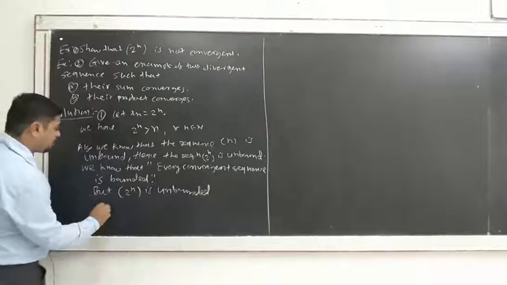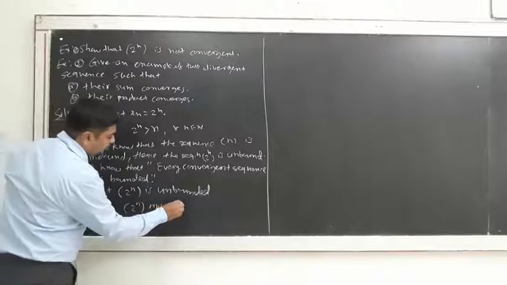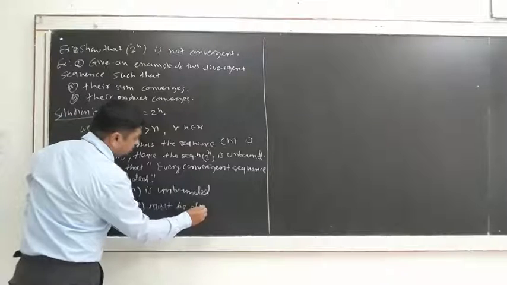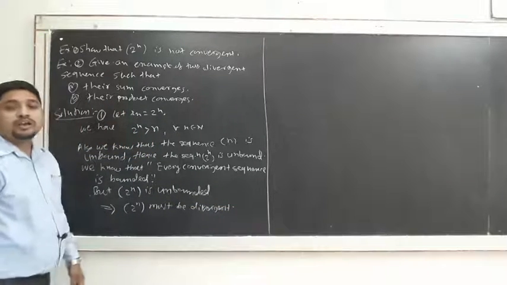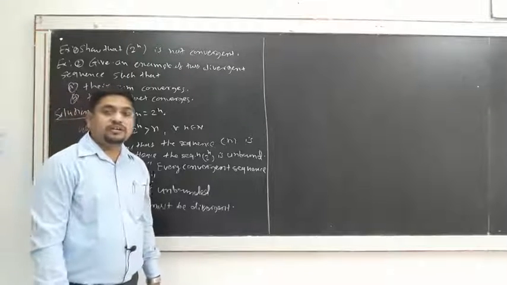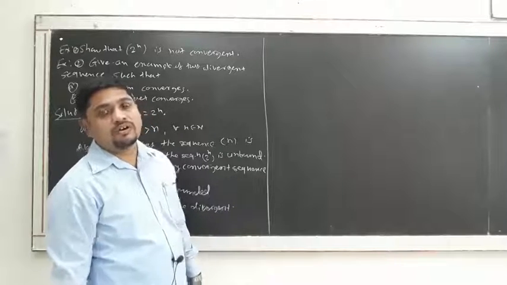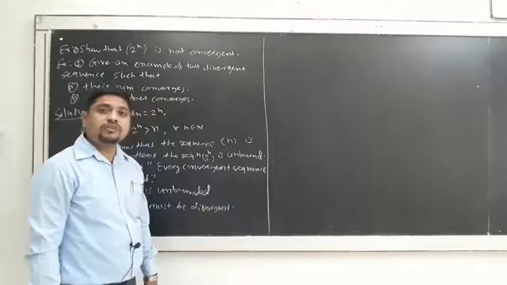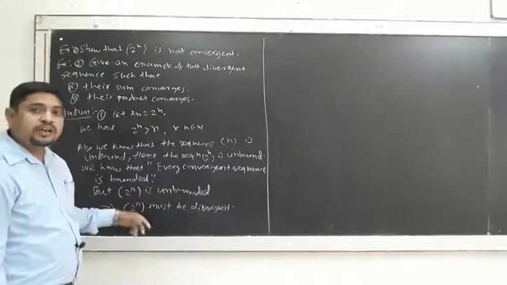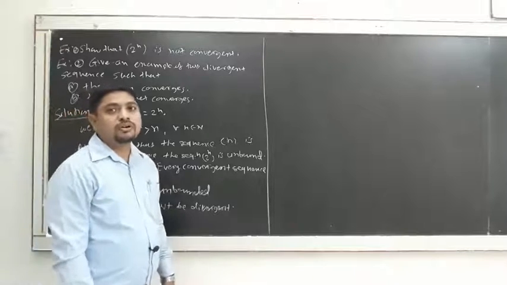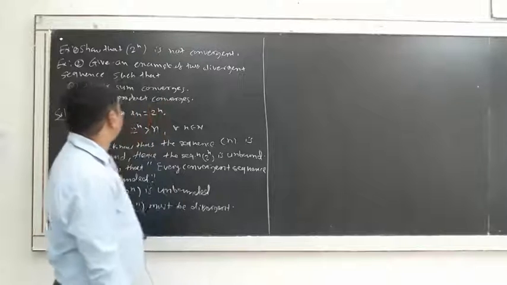Therefore, by this theorem, we can say this 2 raised to n must be divergent. It is not bounded, so it is not convergent. If it is bounded, then we go for convergence or not. But every convergent sequence is bounded. Therefore, this sequence is not bounded, so directly we can say that this sequence is not a convergent sequence. So this is the one problem.